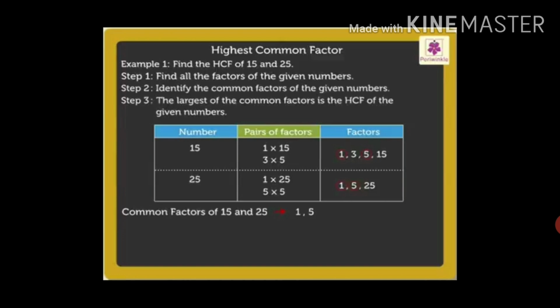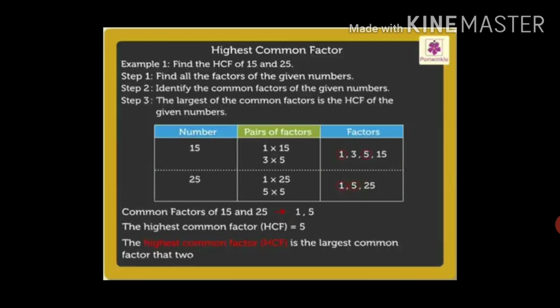Here, the largest of the common factors is 5. Thus, the highest common factor is 5. Hence, we define the highest common factor as the largest common factor that two or more numbers have.